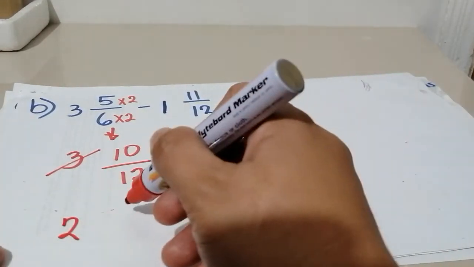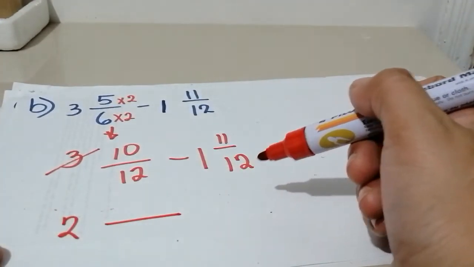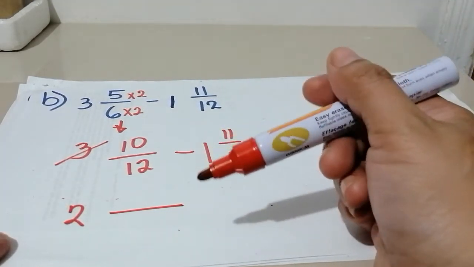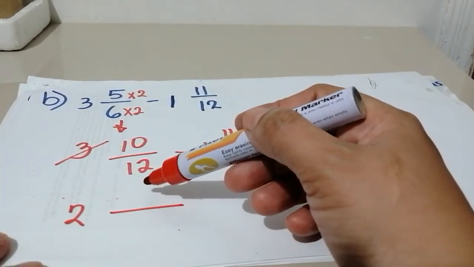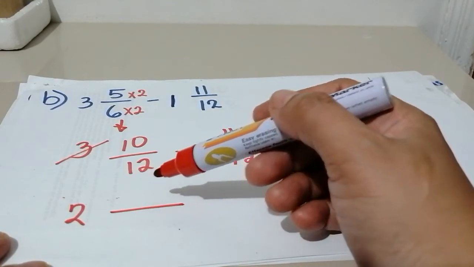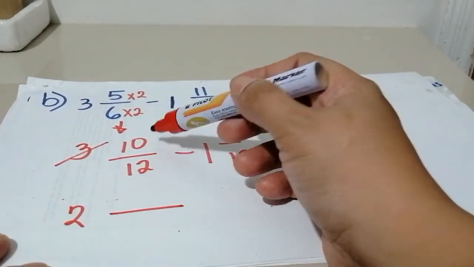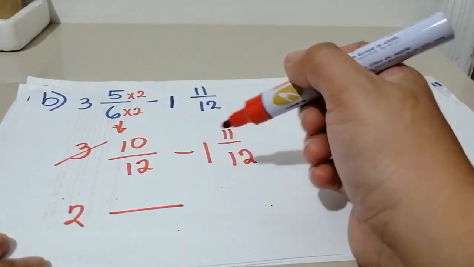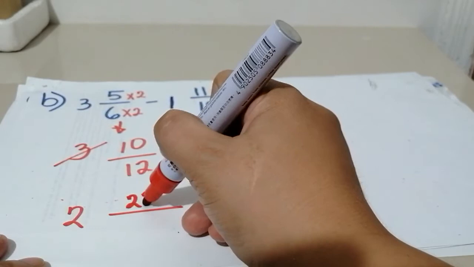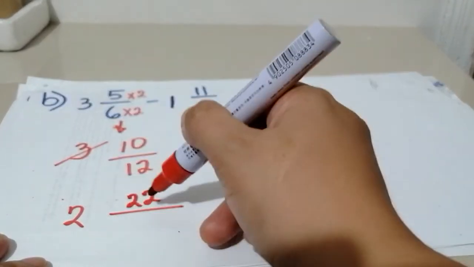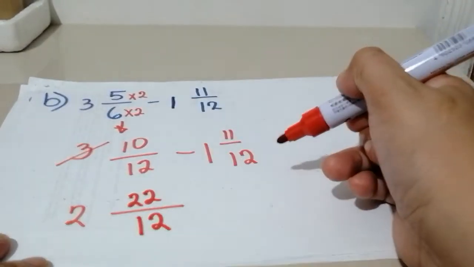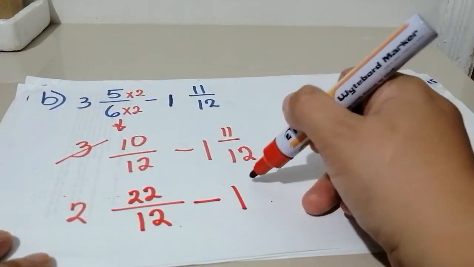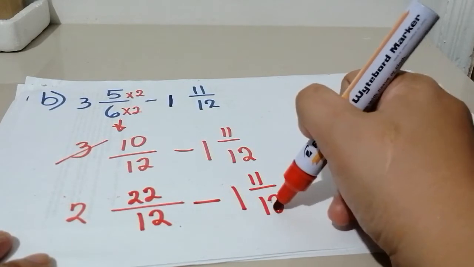At ang magiging new numerator natin, just like what I have discussed in my previous lesson, may tinuro akong trick. So, the new numerator will be the sum of this old fraction, which is 10 plus 12 is equal to 22 over the old denominator, 12. Next, minus 1 and 11 over 12.